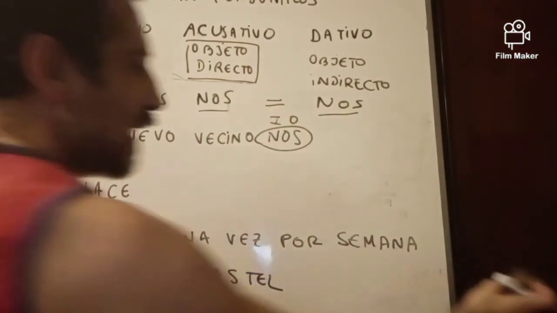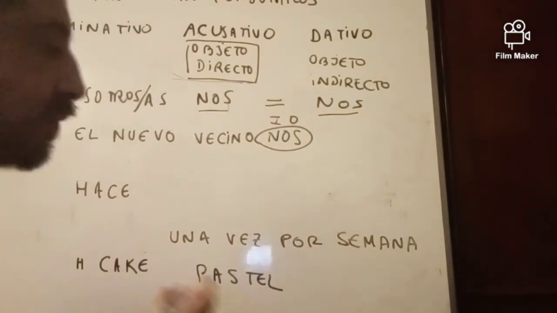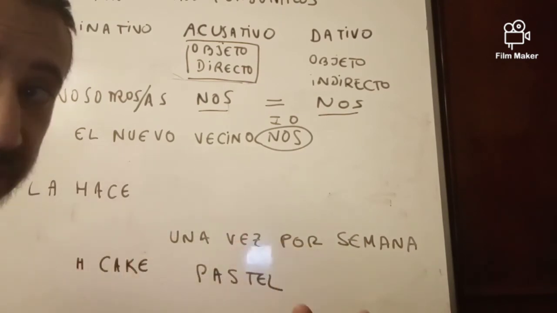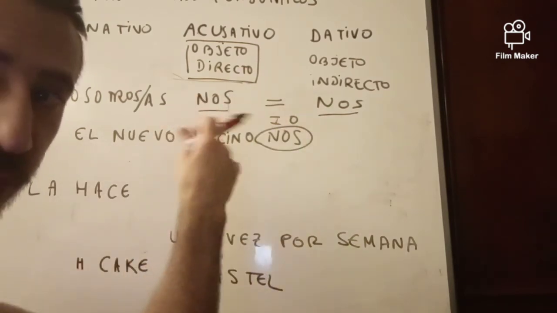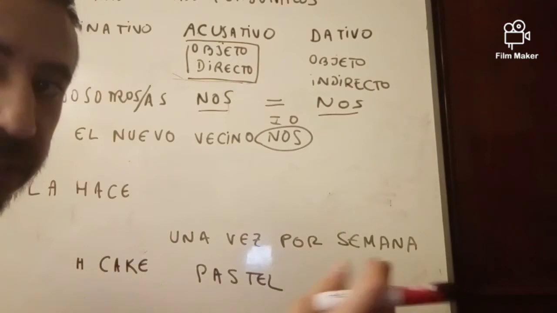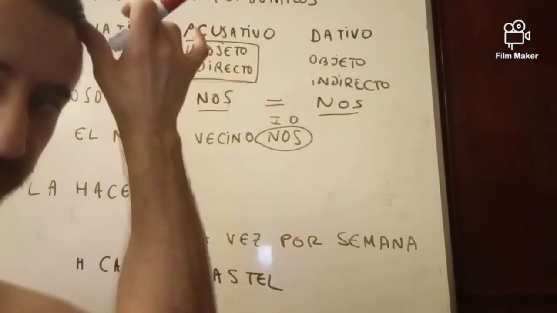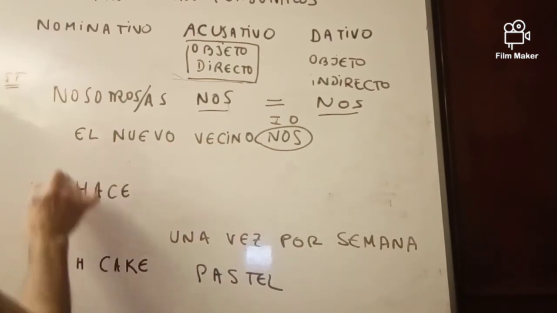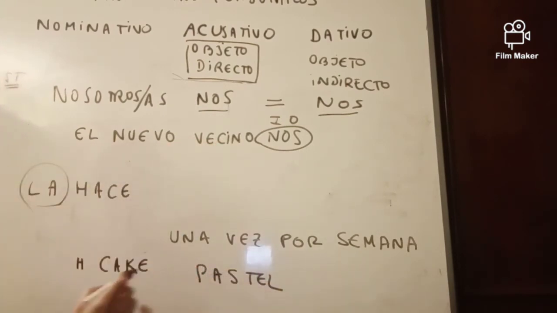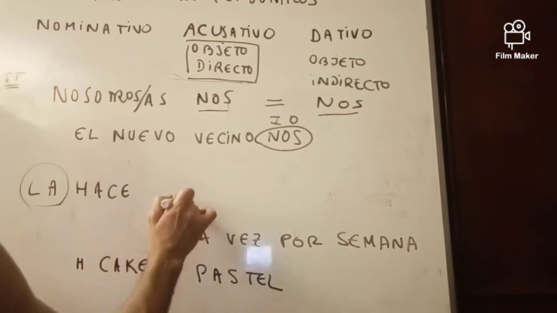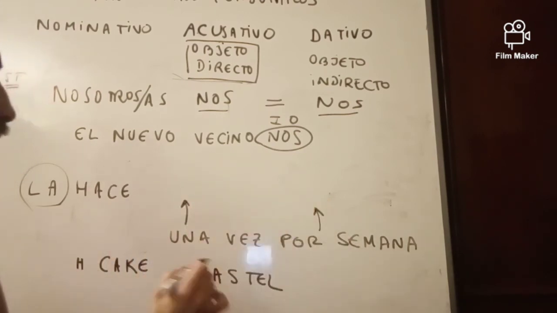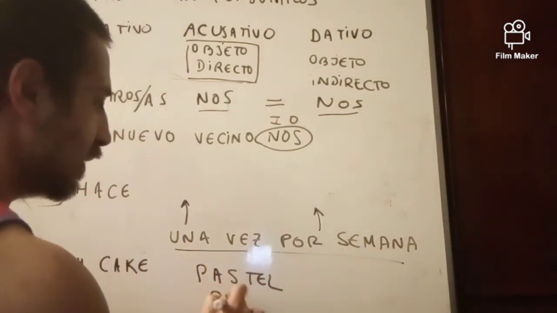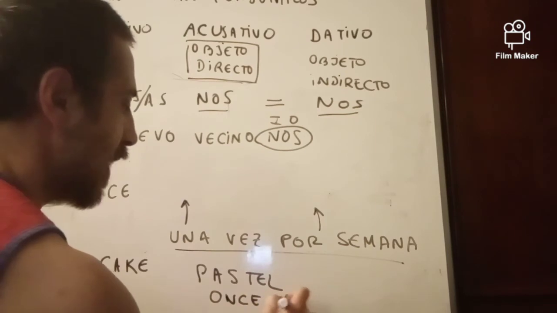And remember, what we have to do is put it just before the verb. Nos la hace. La torta, if you review what I told you some minutes ago, lo and la for the third person. El nuevo vecino nos la hace una vez por semana. And this goes here. Oh, sorry. Una vez por semana means once a week. Once a week.